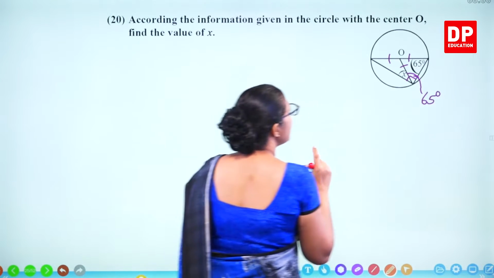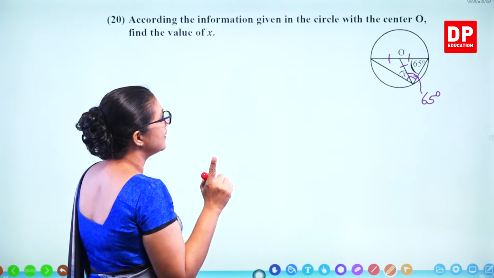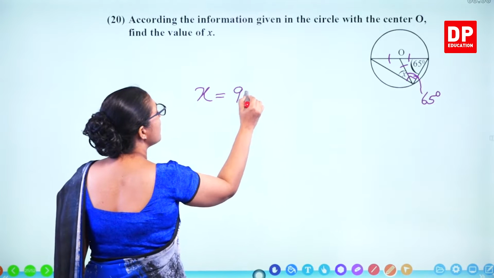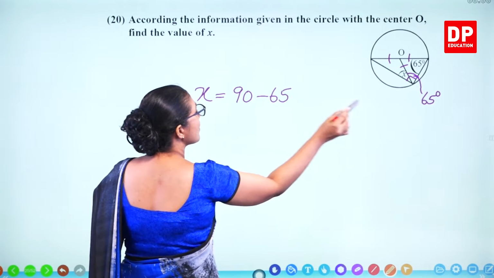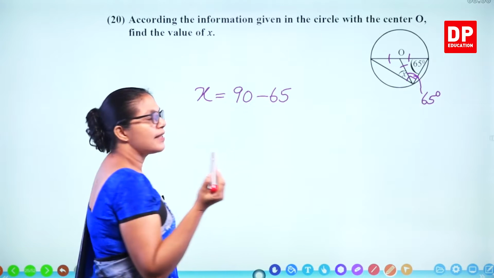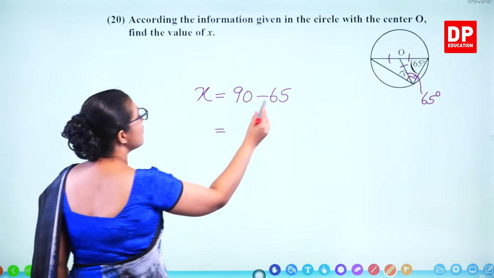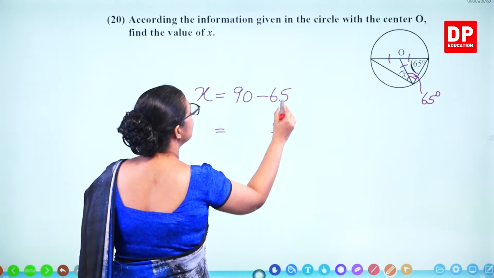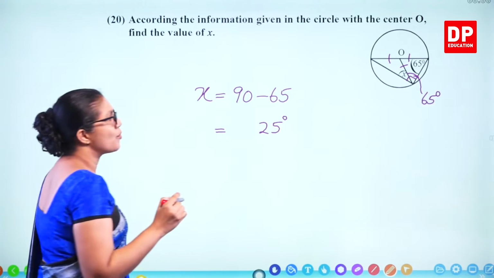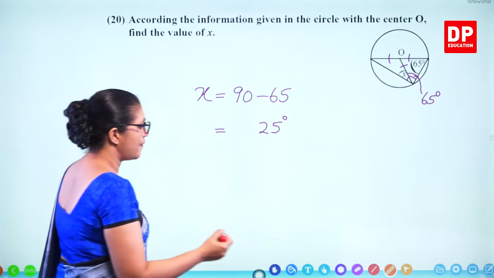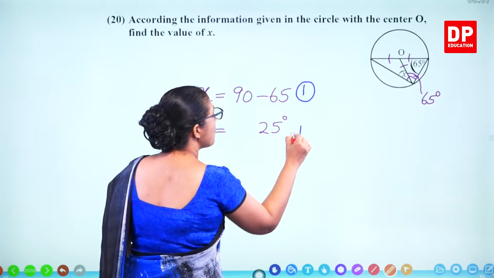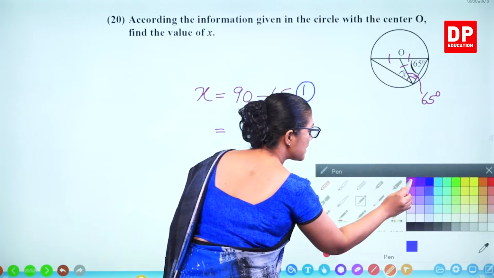So how do you find x? X becomes 90 minus 65, because this whole angle is 90 and this part is 65. When you subtract, you get 25 degrees. So x becomes 25. You get 1 mark for the method and 1 mark for the correct answer.